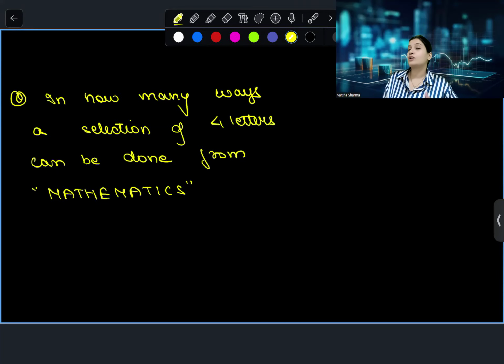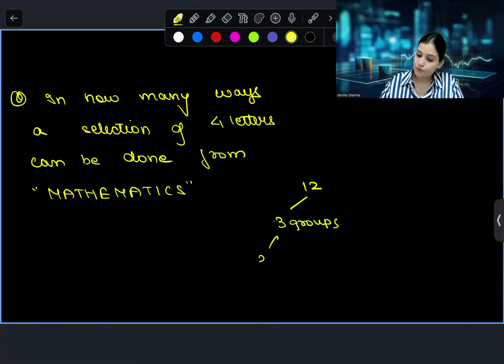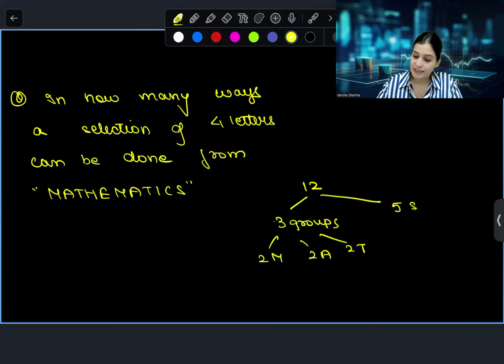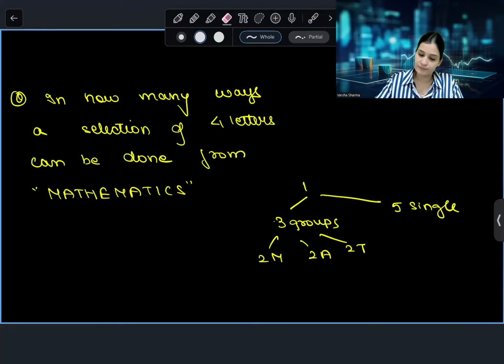I can have 2M, 2A, or 2T, or I can have 2M and 2 single letters, or I can have all 4 single letters. In mathematics, there are total 11 letters in which there are 3 groups, 2M, 2A and 2T, and there are 5 single letters.